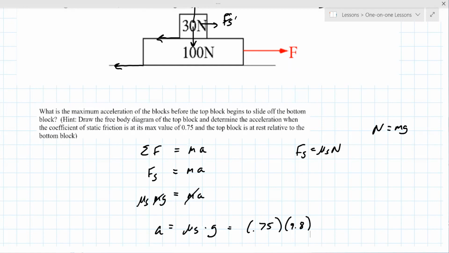So that's whatever it is. It's like 7.4 meters per second squared. Sounds good.